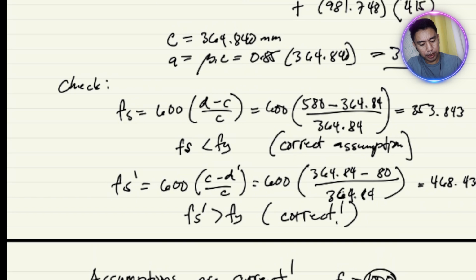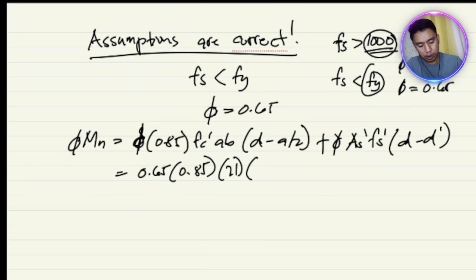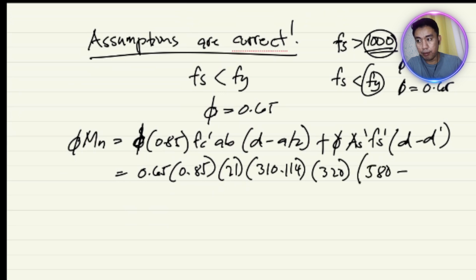A is 310.114. 310.114 times B of 320 times 580 minus 310.114 over 2.